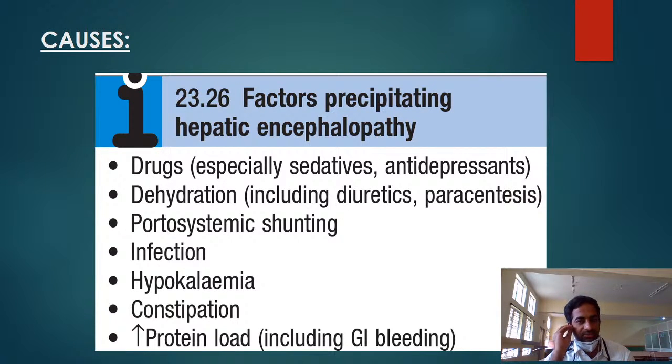That includes GI bleed as well. So all these you should avoid: drugs, mainly sedatives or antidepressants, dehydration, portosystemic shunting, infection, hypokalemia, and constipation. So give him stool softeners to prevent constipation. Constipation will trigger it.